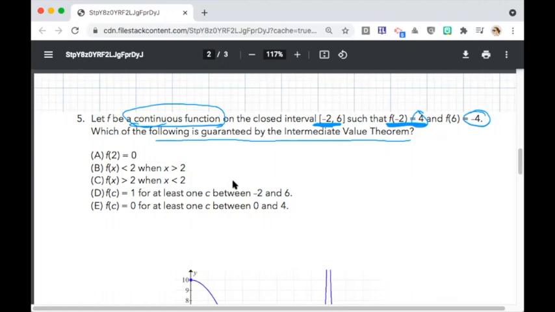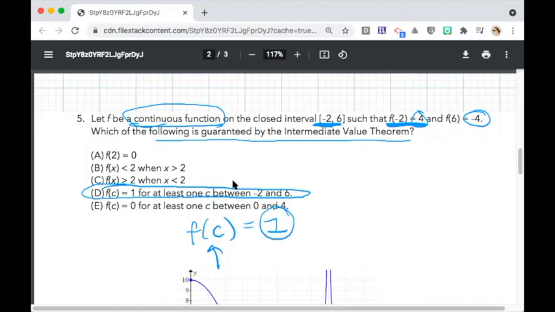So the answer guaranteed by IVT has to be C, because we don't know what x value that's going to be, but we know that if the output of that value is a 1, and if that output falls in between -4 and 4, you're all good to go, right?